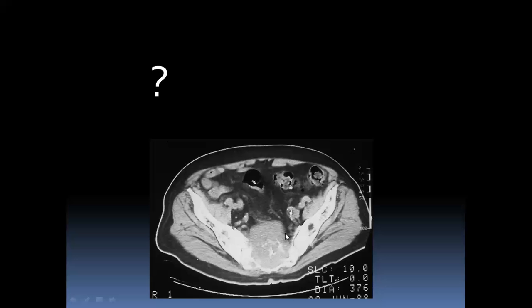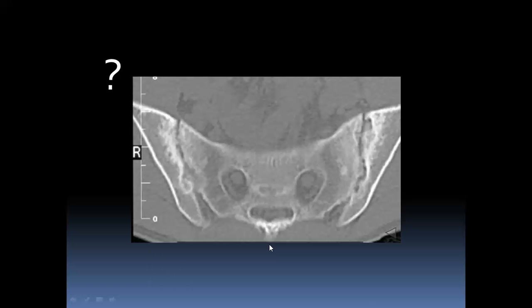It's a soft tissue tumor involving the sacrum. This is chordoma, and here is bilateral involvement of the sacroiliac joints. It is usually with erosions, usually seen in ankylosing spondylitis.